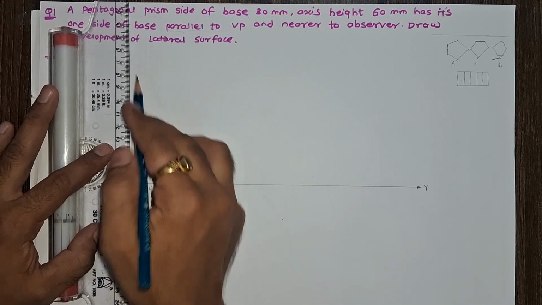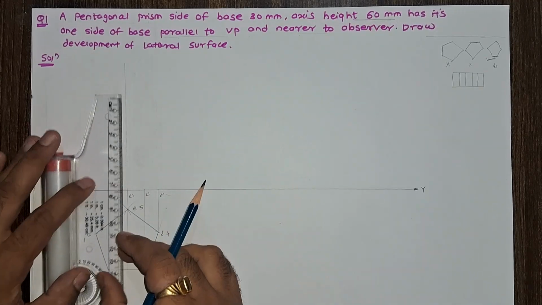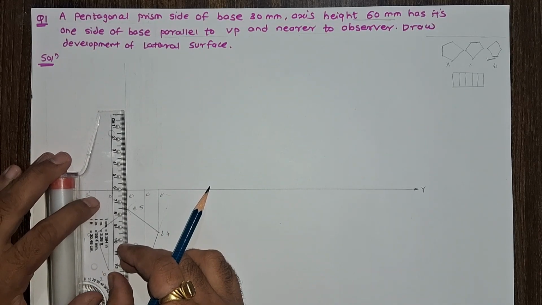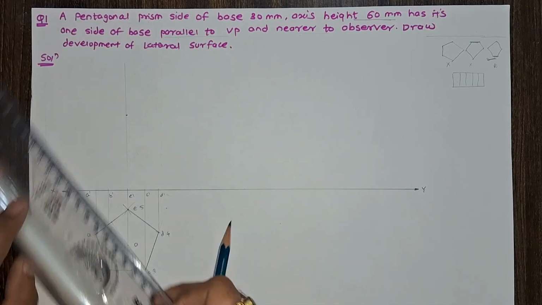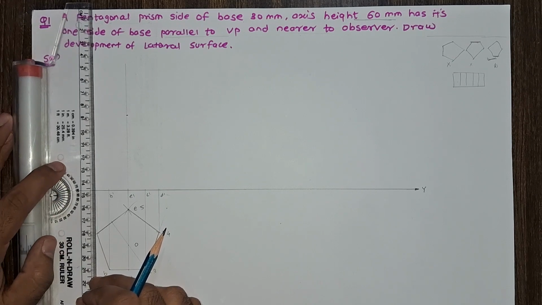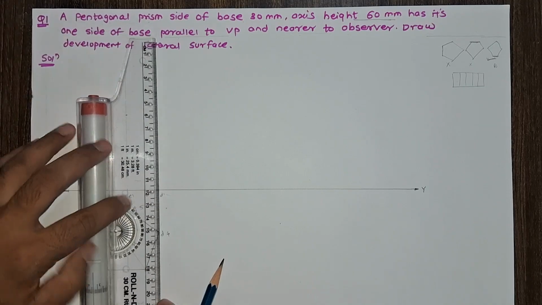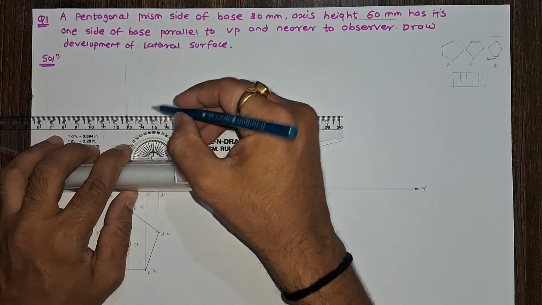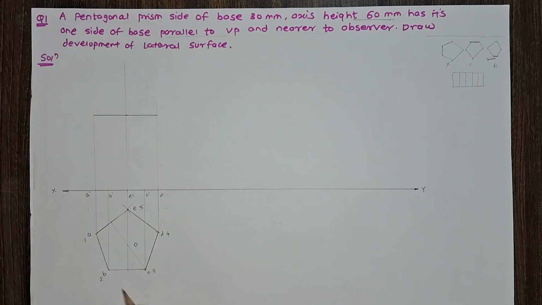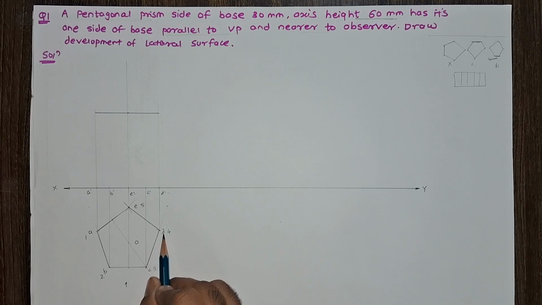So draw the thin axis first and mark the axis height. Here axis height is given as 60 mm. Along the center line, mark axis height and complete the front view of the pentagonal prism. In the front view, we get a rectangular shape. Now from the front, if you look at this object from the front side, we can see A1H, B2H, C3H as well as D4H.